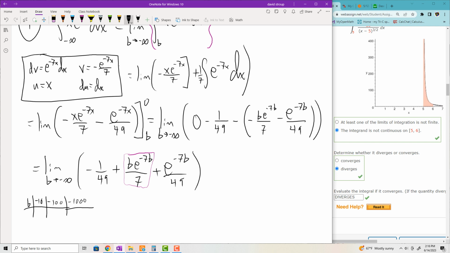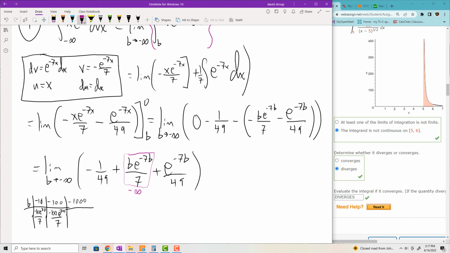If I plug in negative 10, I'll get negative 10 e^(-7 times -10), which will be e^70, all over 7. So that's some big negative number. Here it'll be the same thing, negative 100 times e^700 all over 7. So it's hugely negative. In other words, that term right there is negative infinity.